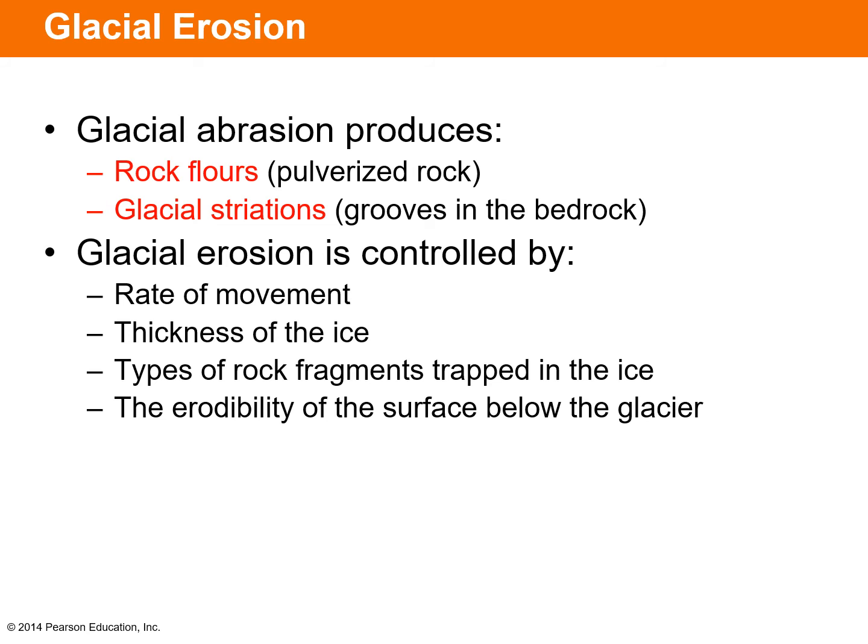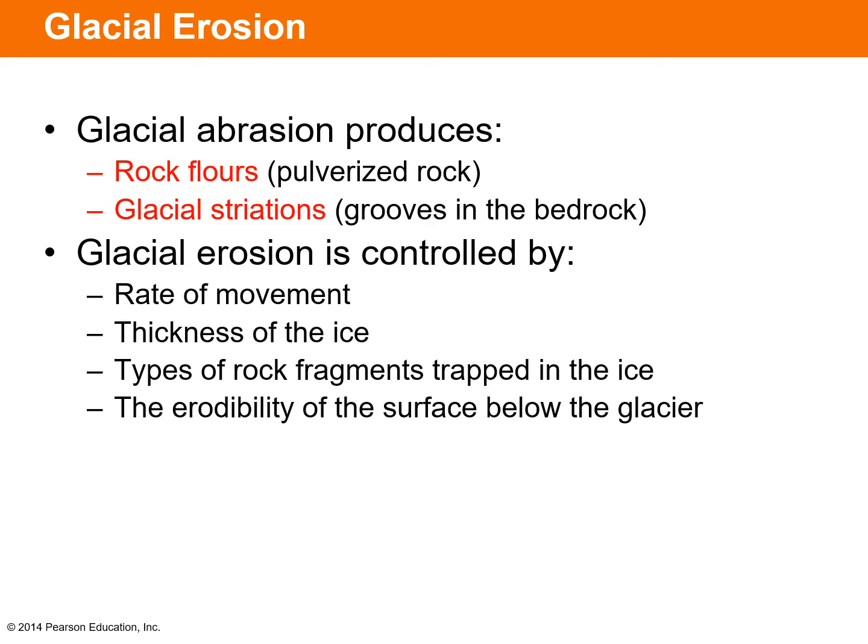So glacial erosion, whether by plucking or abrasion, is controlled by the rate of movement of the glacier, and the thickness of the ice. The thicker the ice, the greater the weight of the ice, the greater the pressure on the underlying rock. It is also controlled by the types of rock fragments trapped in the ice. If you have very soft rocks trapped in the ice, and that ice is grinding over a bedrock, that's not going to produce as much rock flour as if you have very solid rock fragments trapped in the ice, like rocks with a lot of quartz, for example.